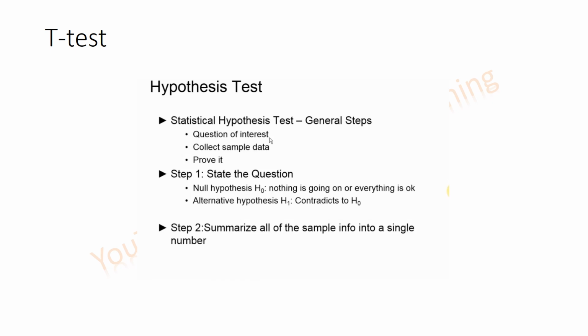Here, I want to compare my average versus 6 hours. That's my question. Then you collect sample data. In our scenario, 7 samples were collected, and then we prove it. We calculate and figure out what's going on. These are just general steps, so I put them into 4 detailed steps for any hypothesis test. Step 1.